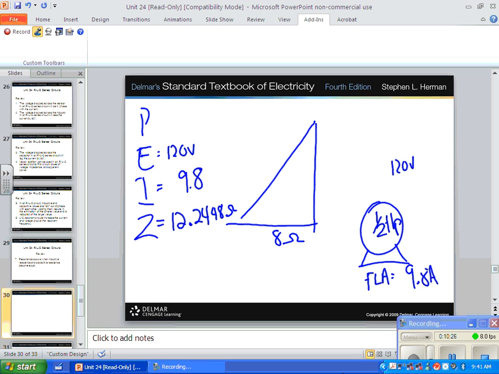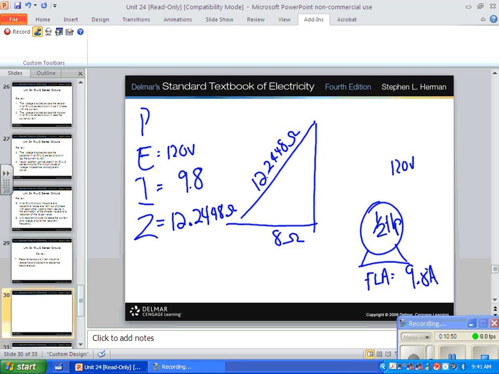So we have 8 ohms as our true DC resistance, right? But we have a triangle, and we know that 12.2448 ohms is our impedance. So let's find how many ohms of inductive reactance we have.